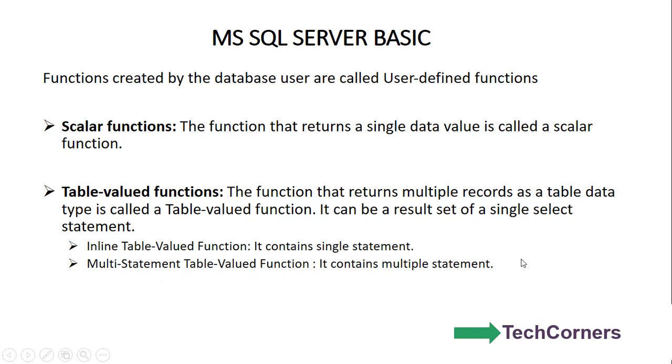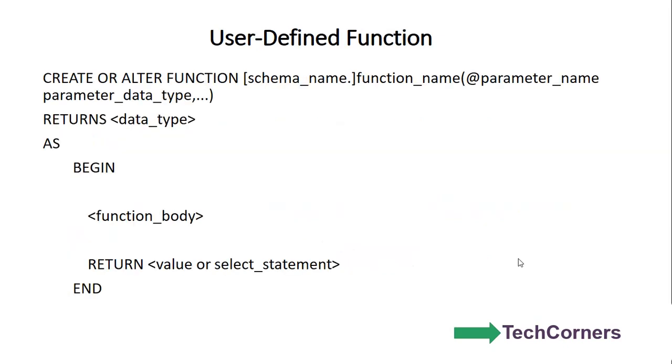Let's see the syntax of creating a function. Here, create or alter function and the function name with the schema name, and then we need to pass the parameter and its data type.